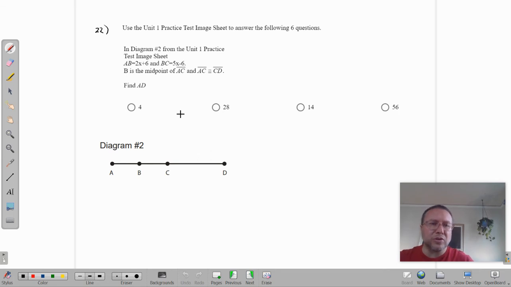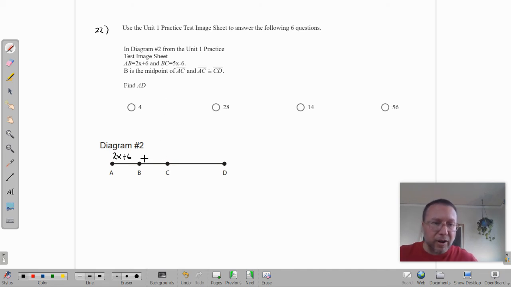Number 22, this is using a diagram from the image sheet. This is diagram number 2. They tell us that AB is equal to 2x plus 6, so this part of it is 2x plus 6. On my scratch paper, I would reproduce that diagram of the segments so that I can label it.